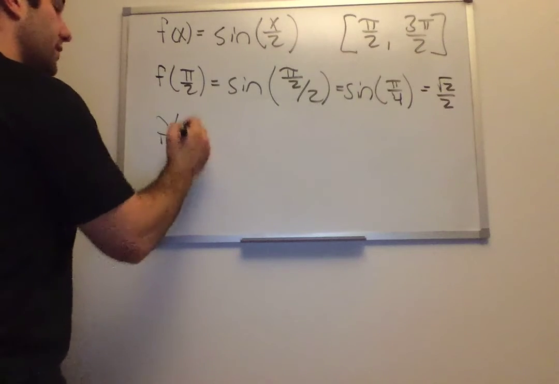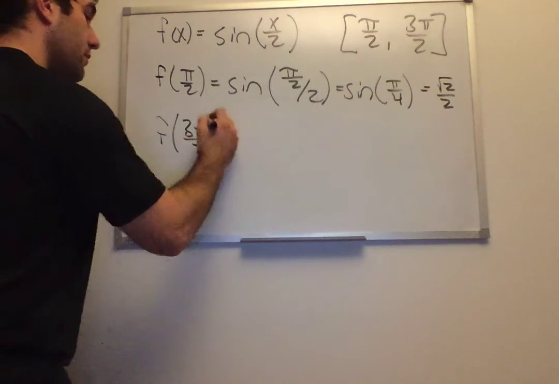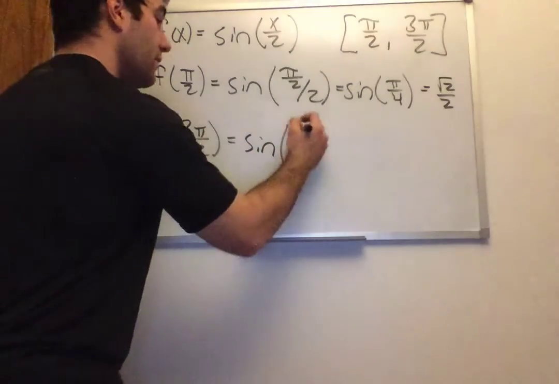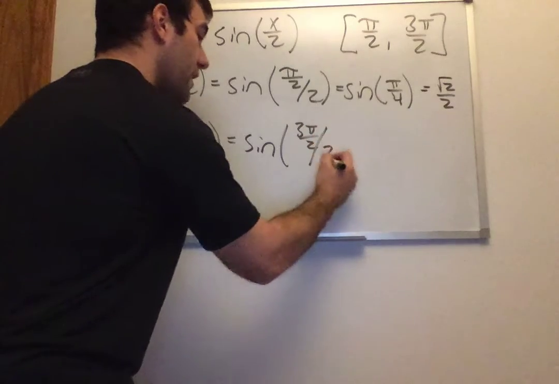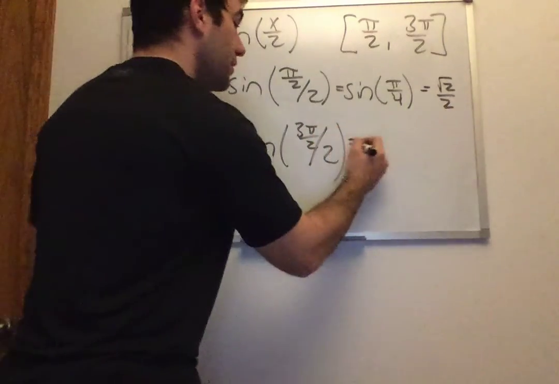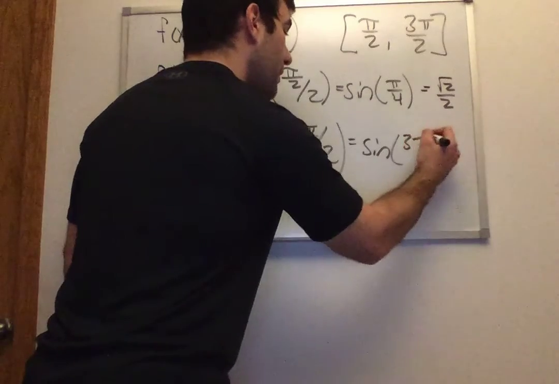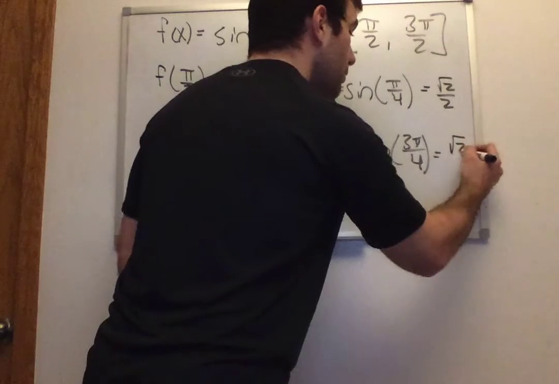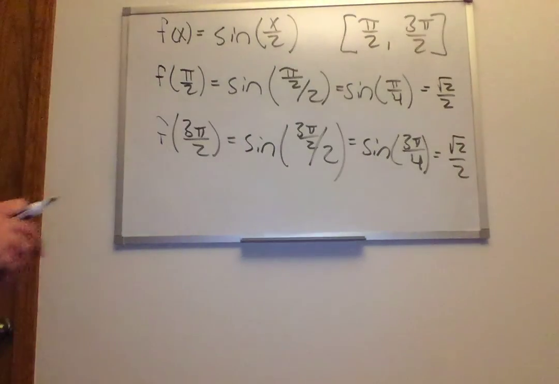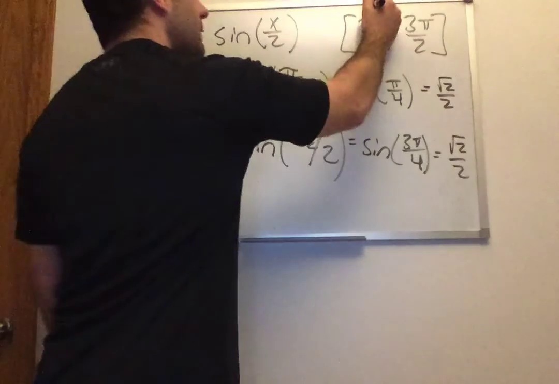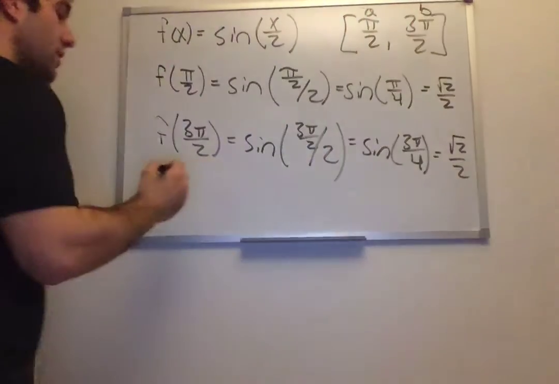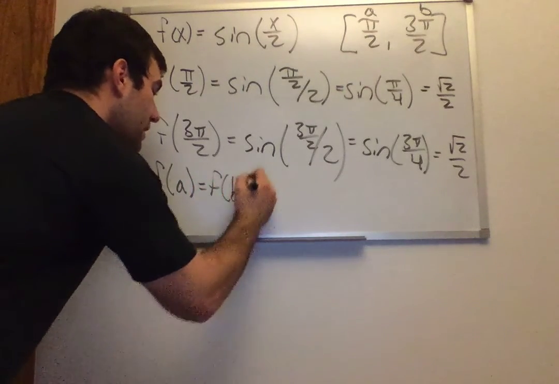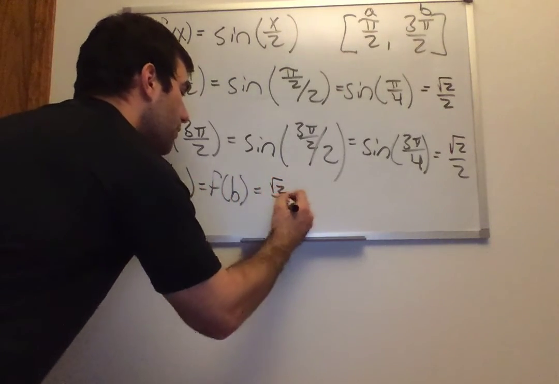Now let's find f of 3 pi over 2, which is sine of 3 pi divided by 2 divided by 2, which is sine of 3 pi over 4, which also happens to be root 2 over 2. So, if this is our A and that's our B, we do indeed have f of A equaling f of B, which is equal to root 2 over 2 in this case.